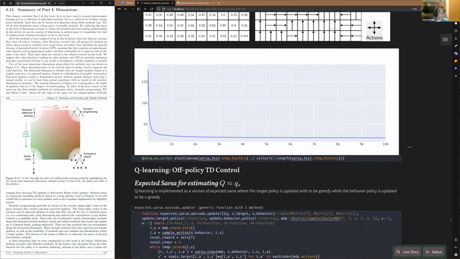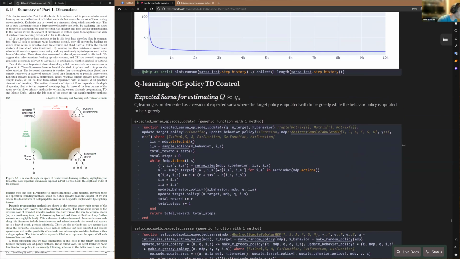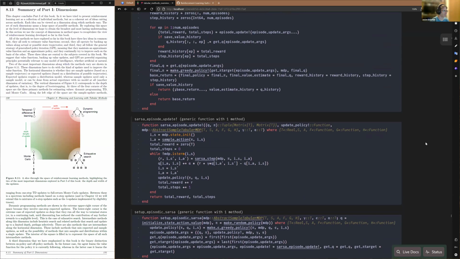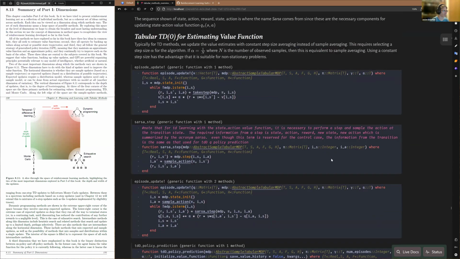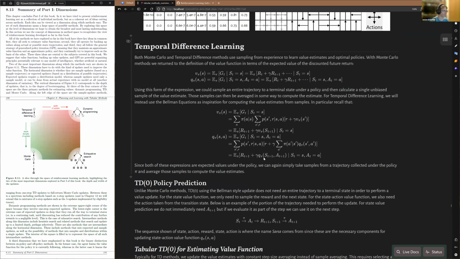Now, there is an alternative to this, which isn't as messy as the off-policy learning, even though this is technically an off-policy method. And that is, we can do something called expected SARSA. The idea behind expected SARSA, if you go back to this equation, is that this is the expression for SARSA.